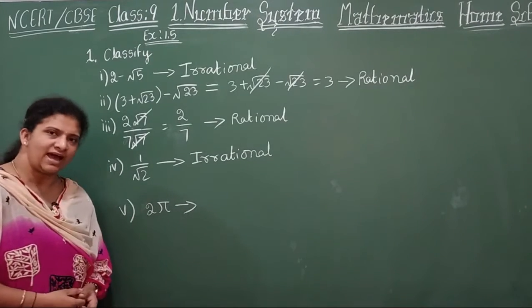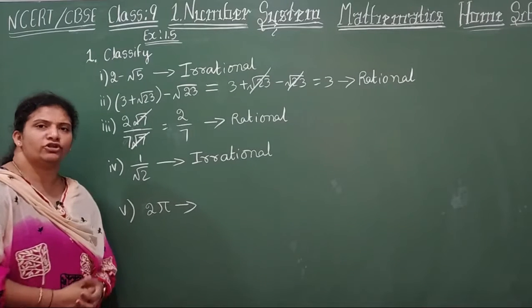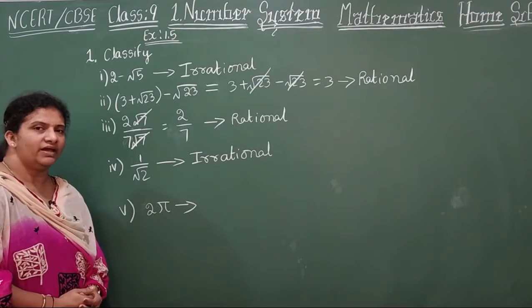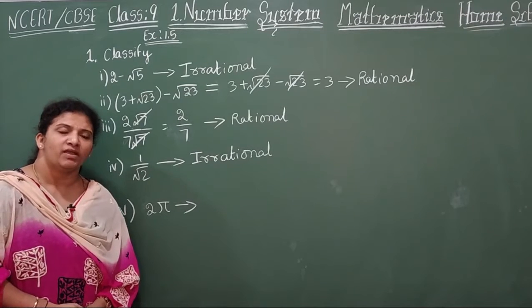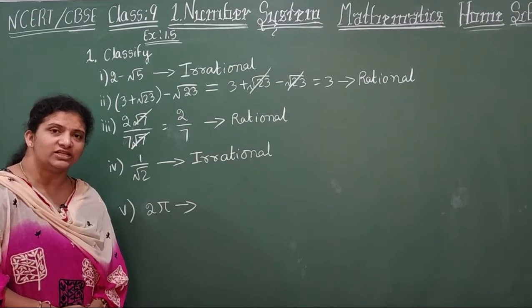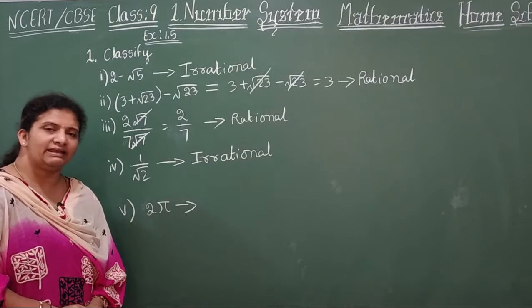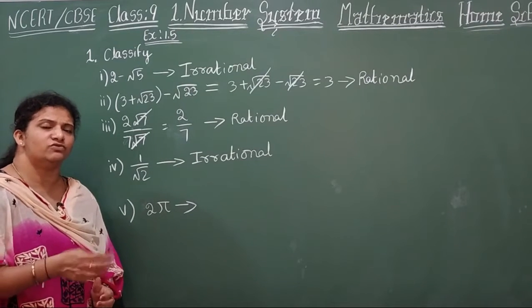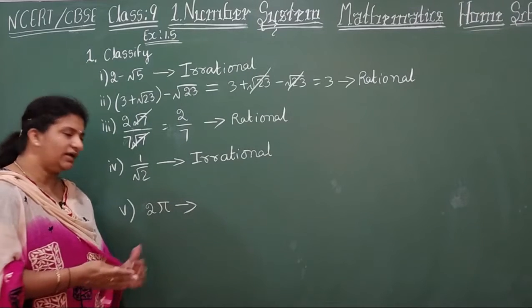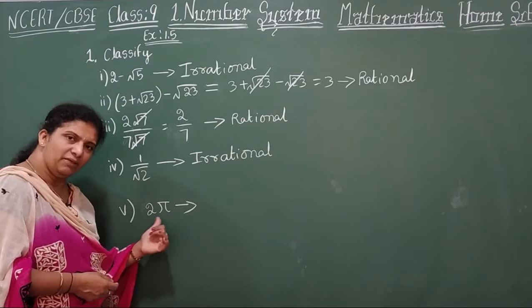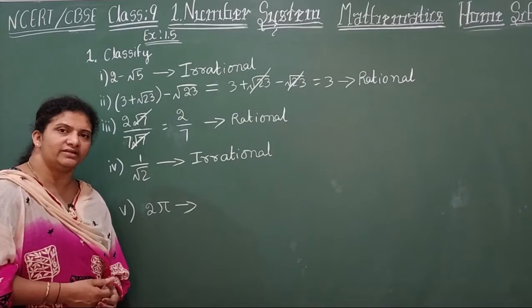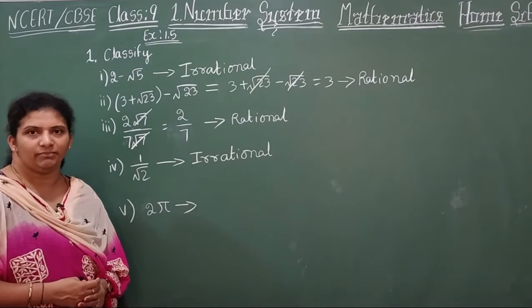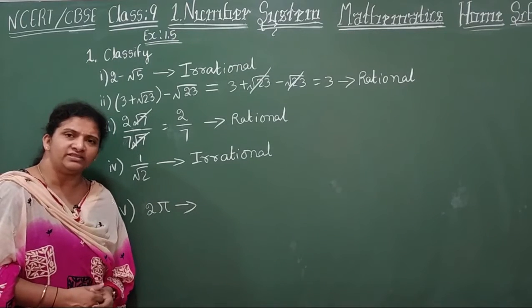So coming to your last one, fifth question, what do you have? 2 pi. By the way, what is pi children? Pi is an irrational number. Whatever you multiply with pi, 2 times, 3 times, 4 times, you are going to get the same irrational number only. What is the value of pi children? Do you know?